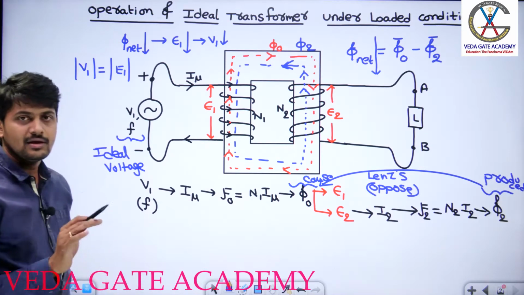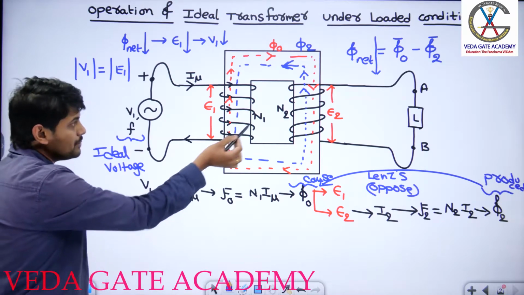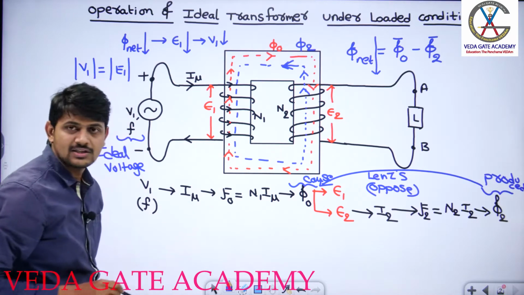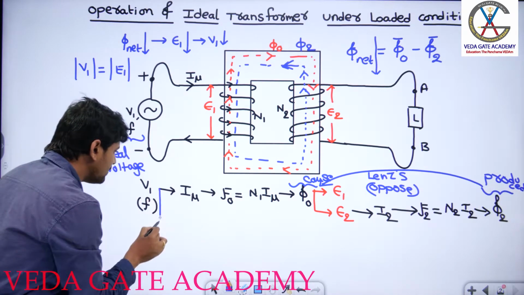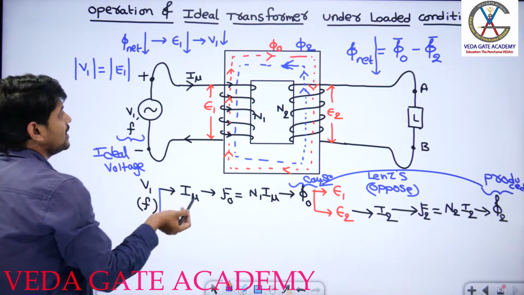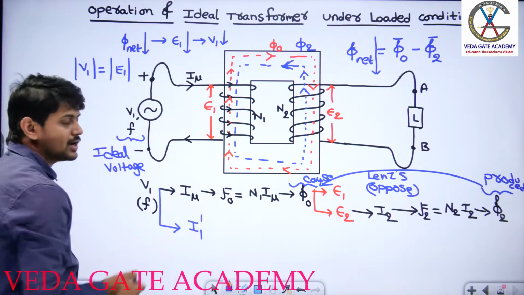So what will happen here is, relax. The moment I close the switch and connect the transformer terminals to the load, my primary winding of the transformer will draw one more extra current, called the load component of primary current.